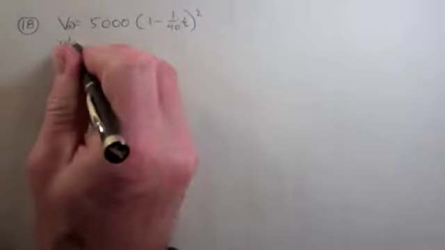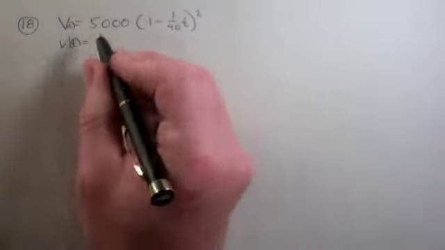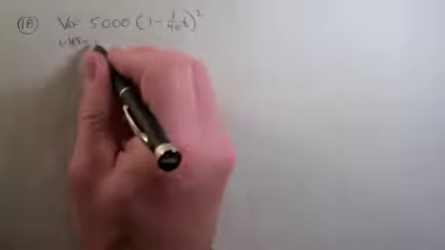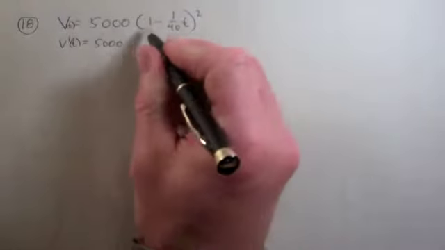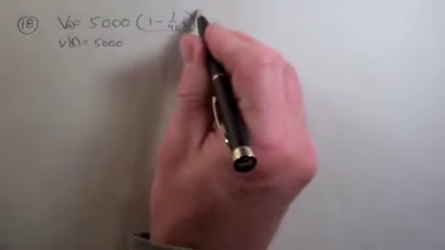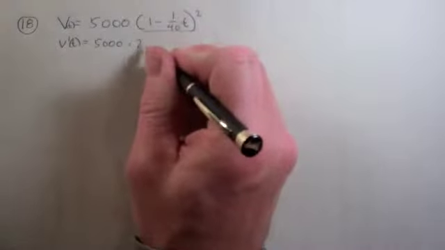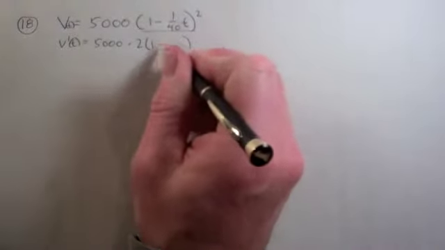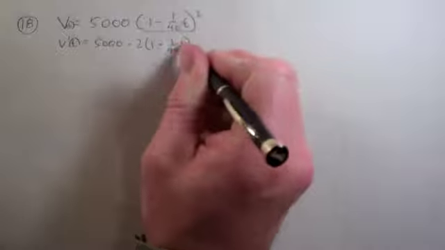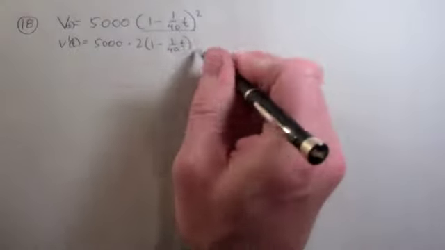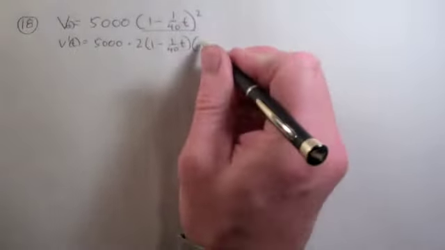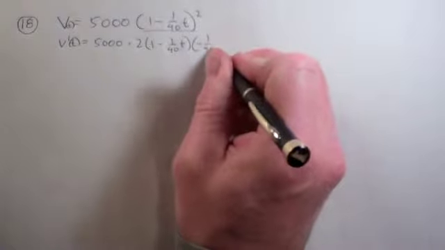V prime of t is going to be relatively straightforward. This is just a constant, so you kind of remove that. Then take the derivative of this part. The 2 will come out front, so it becomes 2 times the derivative. Don't mess with the inside. That's the chain rule. And then times the derivative of the inside, which will be minus 1/40th.